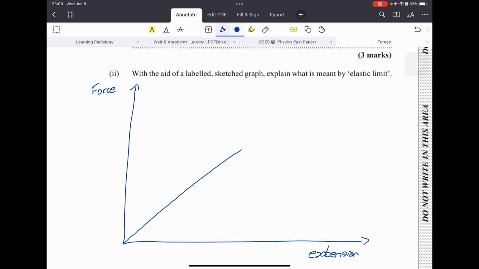So after this elastic limit, any more force will cause the graph to look like this. Right? So as you can see, it's more like a curve there instead of the straight line. So at this point, the spring cannot take any more. The spring will break. At this point is the elastic limit. Okay?